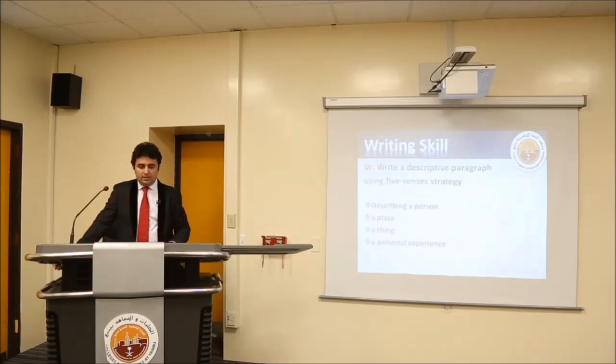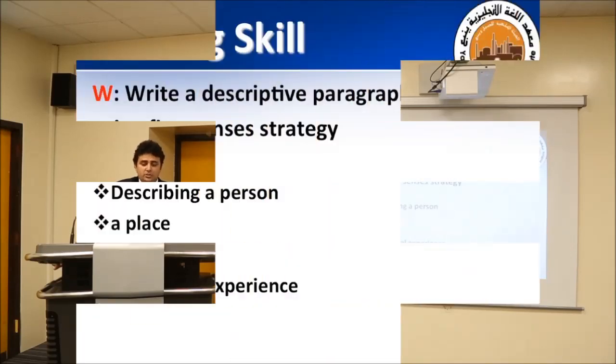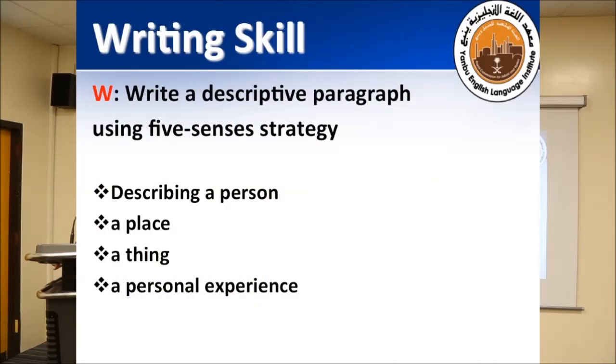Our next learning objective is the learning objective of writing skill. In writing, you write a descriptive paragraph using the 5 senses strategy. Descriptive paragraphs can be divided into different parts.